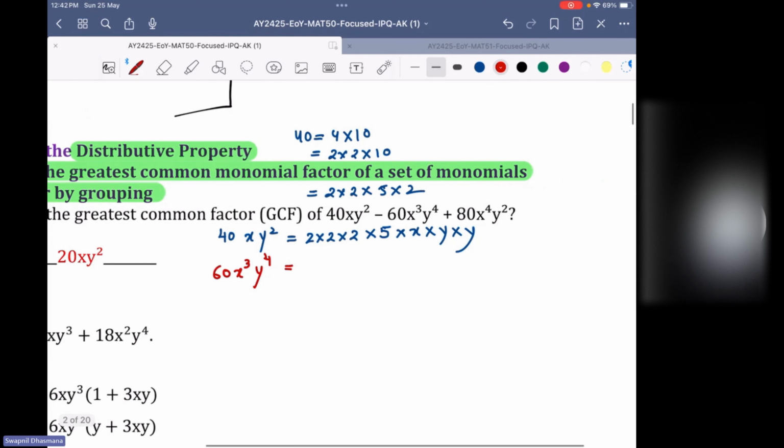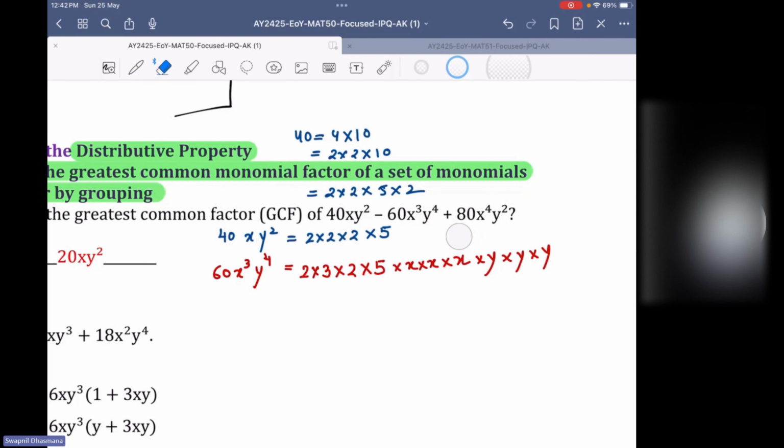So 60 can be written as 2 times 3 times 2 times 5 times x times x times x times y times y times y. So just to avoid confusions, for the xy part, I will write it in terms of dots so that you can see how many x's are there and how many y's are there.